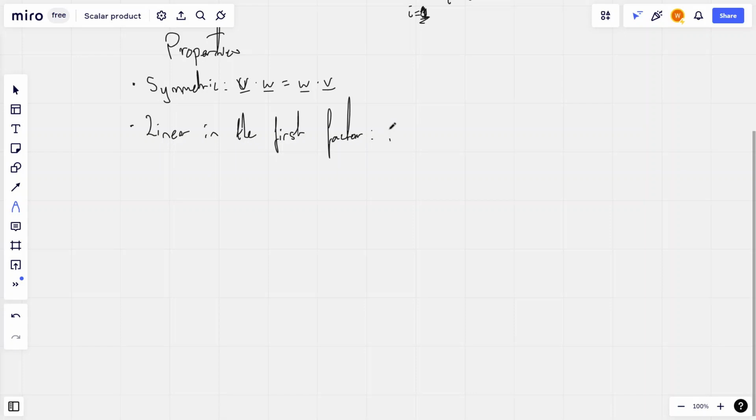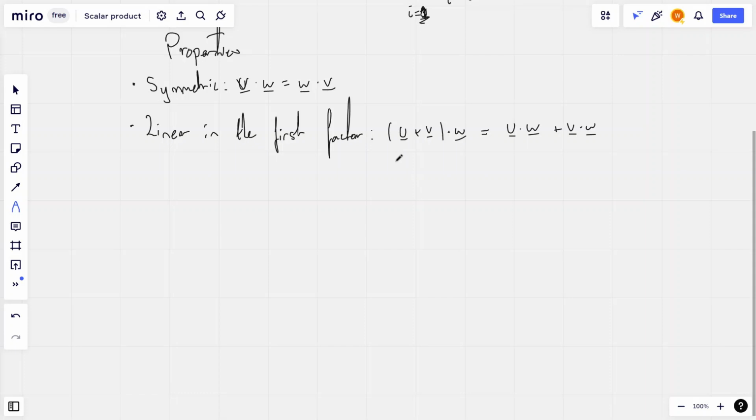So firstly, we have that for some vectors u, v, and w, u plus v dot w is equal to u dot w plus v dot w. So we basically just distributed it out on the left hand side.